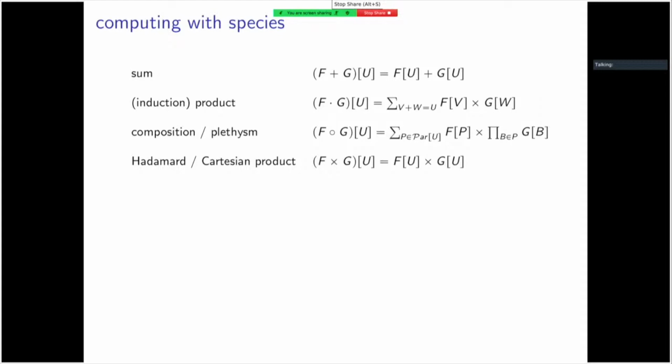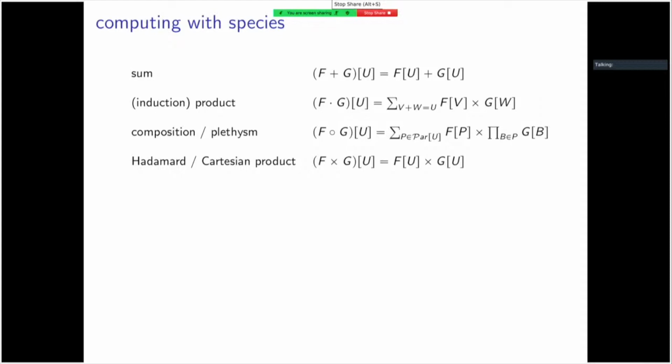To make these two sets disjoint, we sort of remember from which species it came from. So we indicate a little f or a little g, something like that. Okay? For group actions, that's just the direct sum.